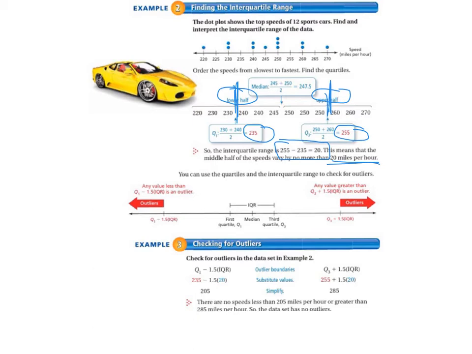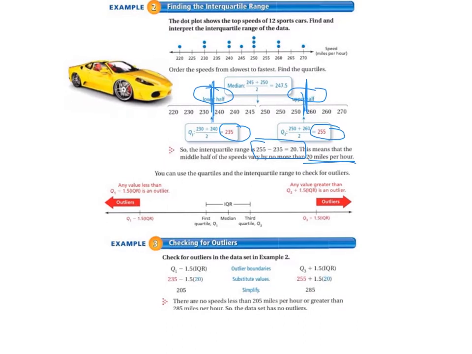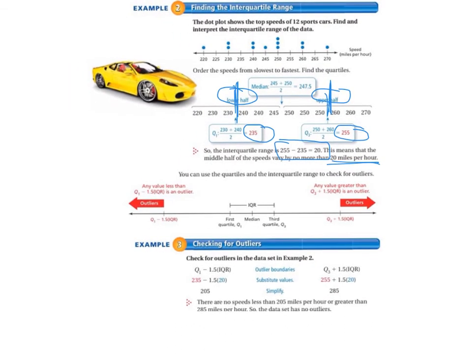So anything that's way down here on the number line is an outlier, and any value greater than quartile 3 plus 1.5 times the IQR is an outlier. So we're going to use example 3, checking for outliers, to explain what all of that means.